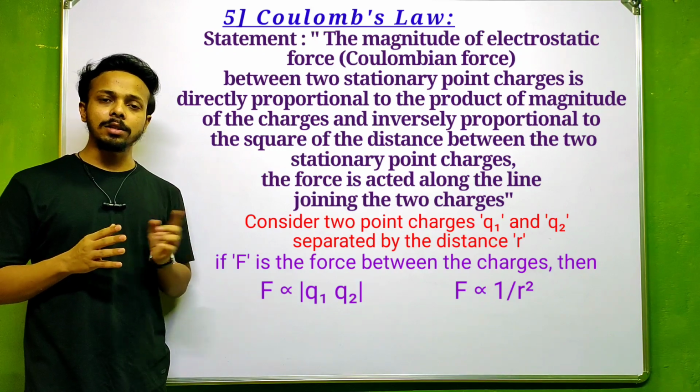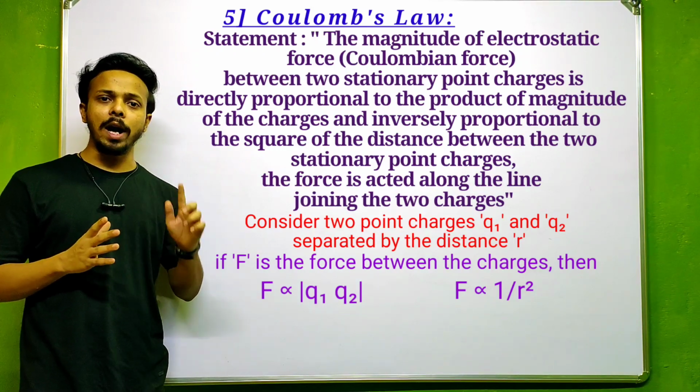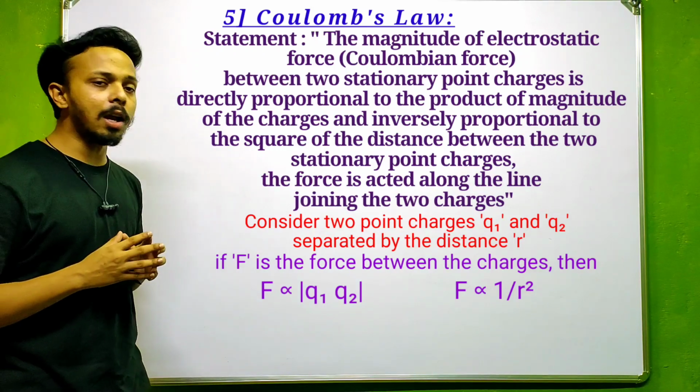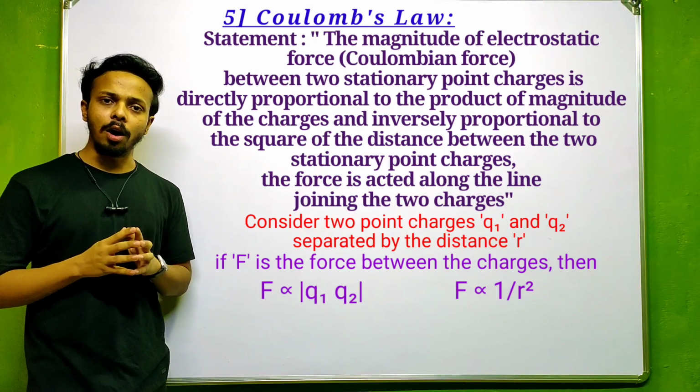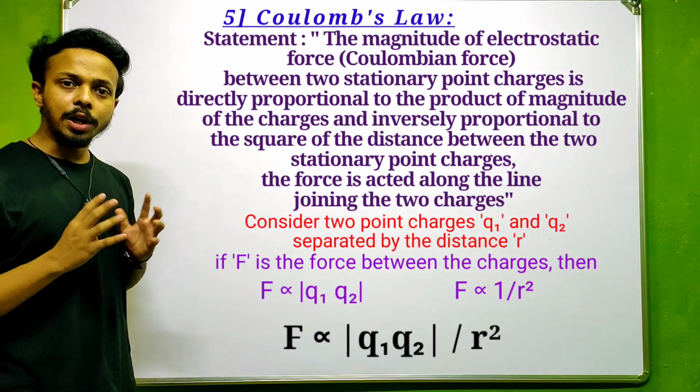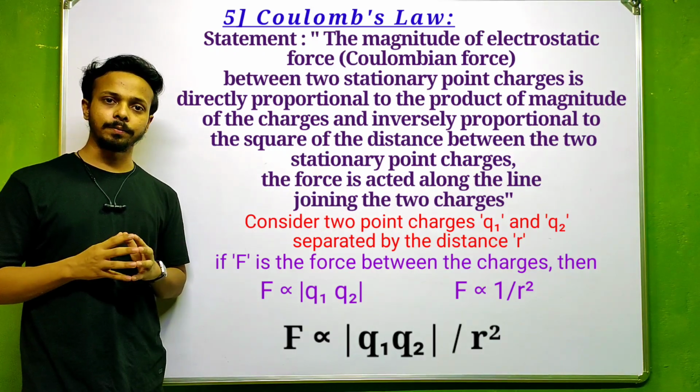As this law obeys the inverse square rule, we are taking r square. So according to this law, F is proportional to Q1 Q2 by r square.